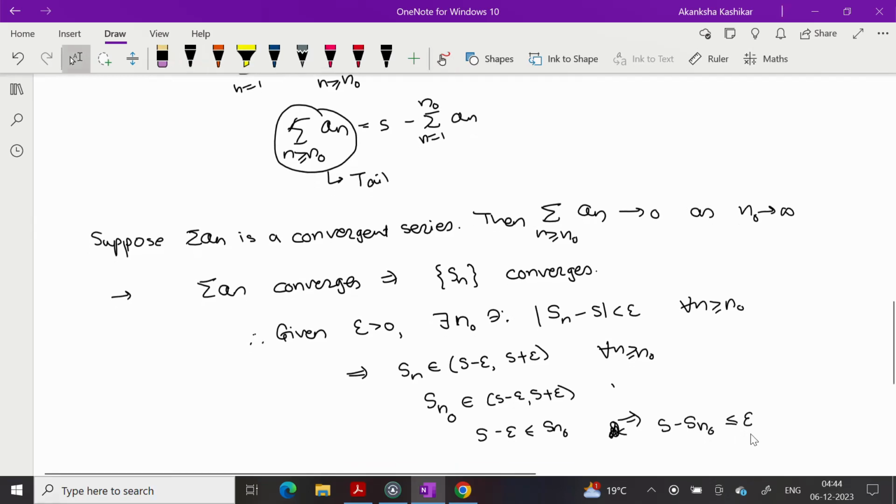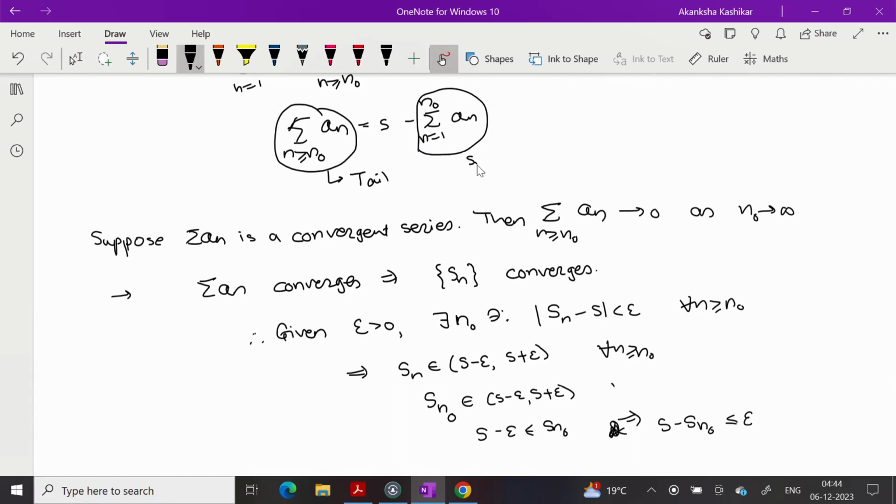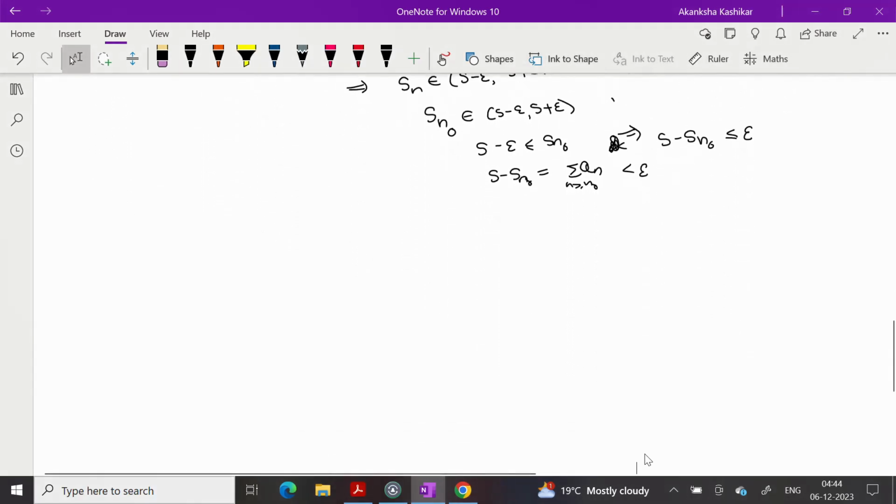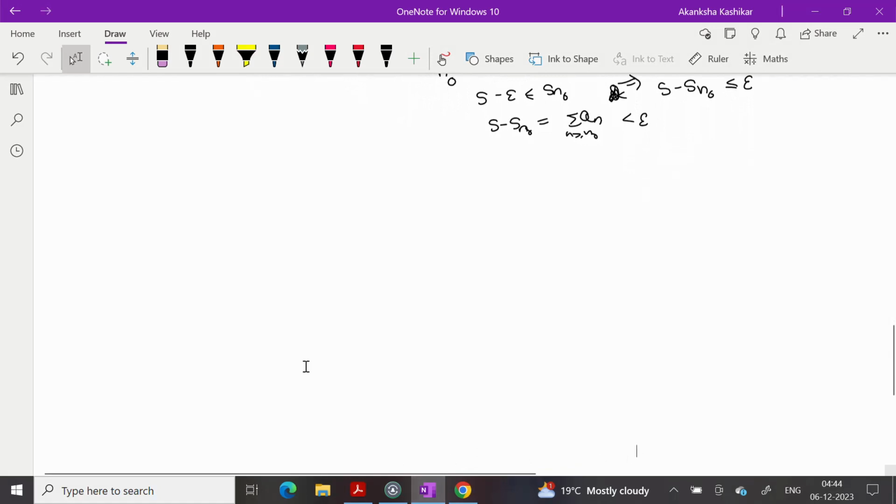And what is s minus Sn naught? If I look at this, this is s and this is nothing but Sn naught. So we get that s minus Sn naught, which is equal to summation an for n greater than or equal to n naught, is less than epsilon. Hence we have proved that for a convergent series its tail part converges to 0.